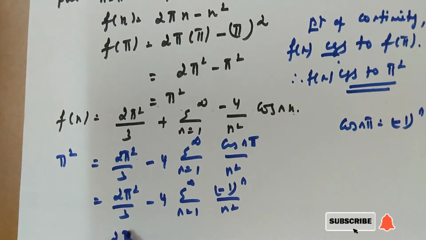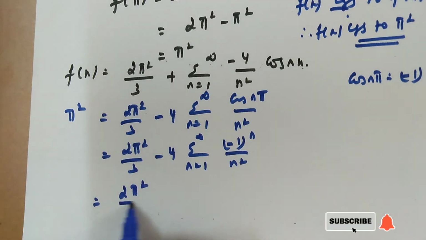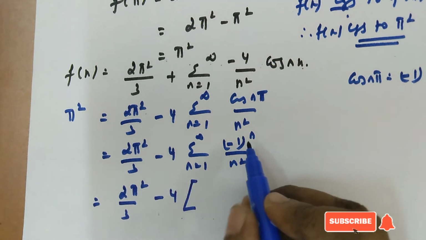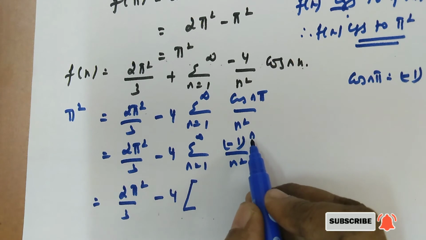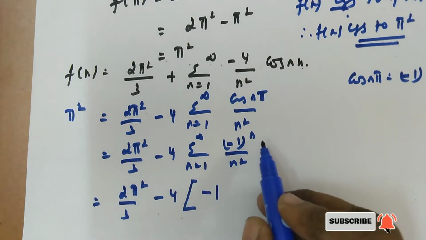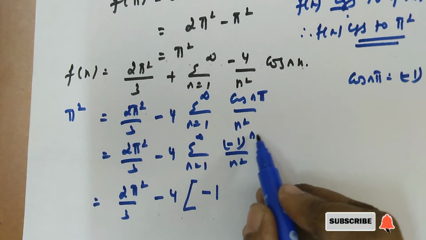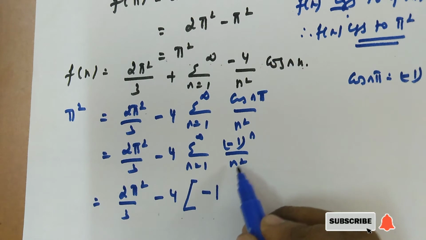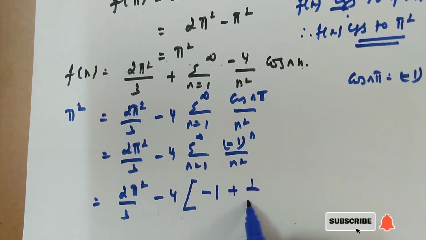So now we can give the value for n. 2 pi square by 3 minus 4 into, first n equal to 1. So minus 1 power 1 by 1 square, that is obviously minus 1. Then n equal to 2, that means minus 1 square, that will become plus 1 by 2 square.